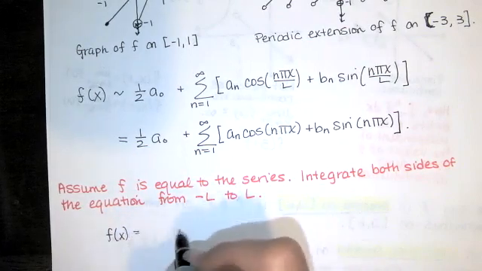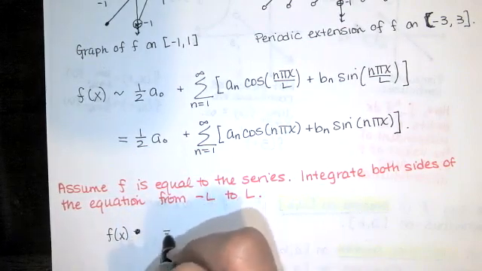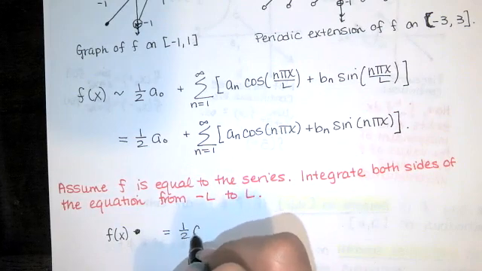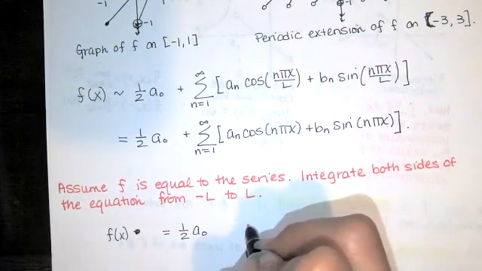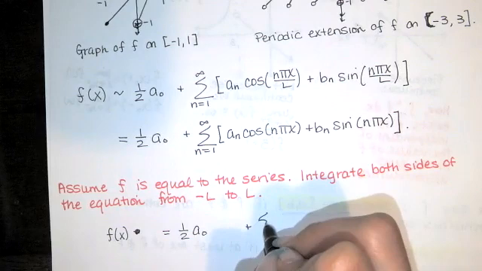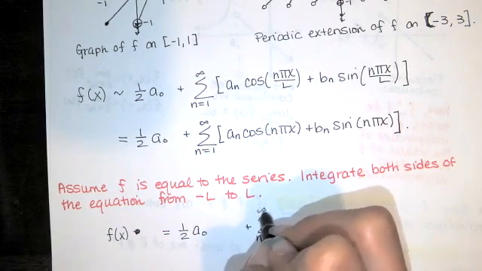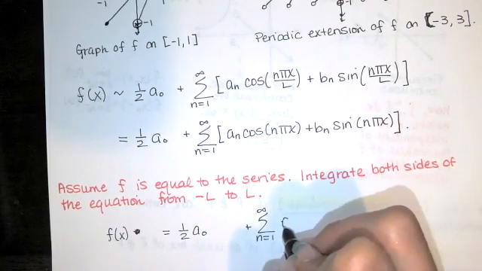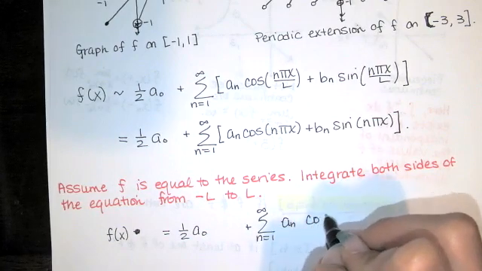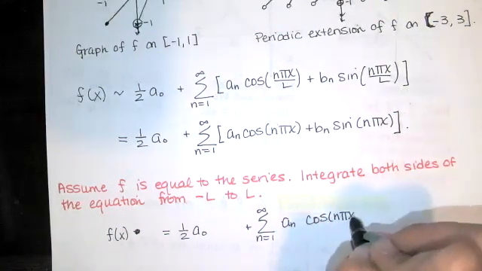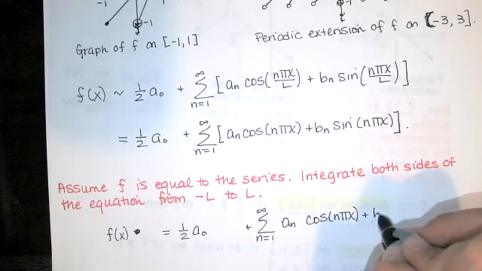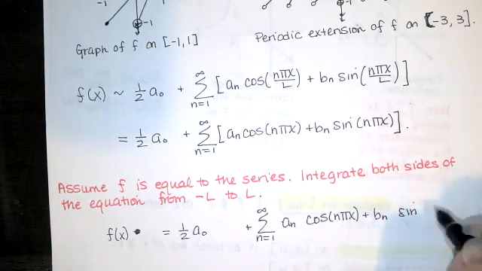On the other side, I have 1/2 a sub 0, I'll leave some space there, plus the sum as n goes from 1 to infinity of a sub n times cosine of n pi x plus b sub n times sine of n pi x.